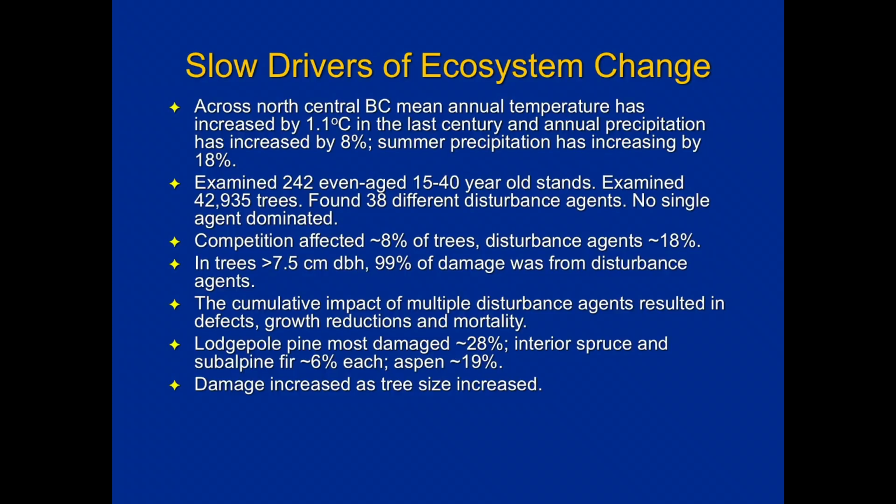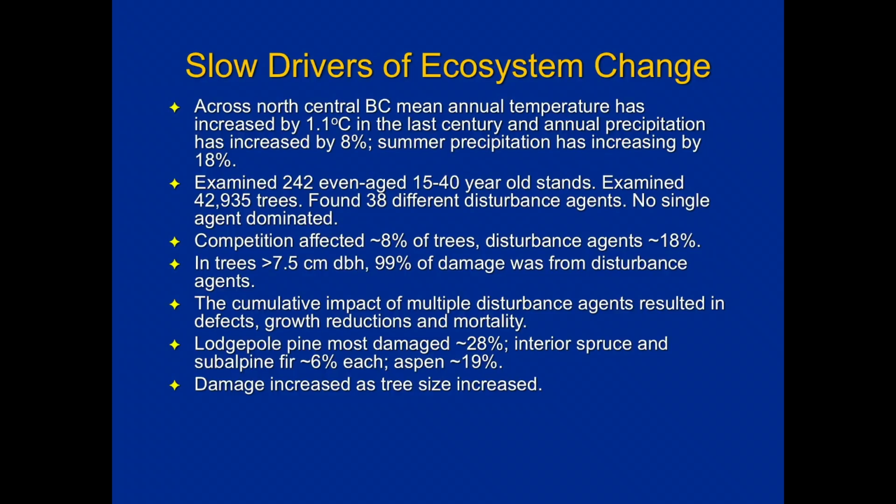And the criteria that was used in these surveys, it wasn't just that there was one little bit of damage to the tree. It had to be enough damage that the tree was in threat of dying, or it was unlikely to ever get to the mill in the future, or what bits of it did get to the mill would have been pretty minor after all the defects were cut out. So it's fairly substantial damage to these trees if we ticked the damage box.